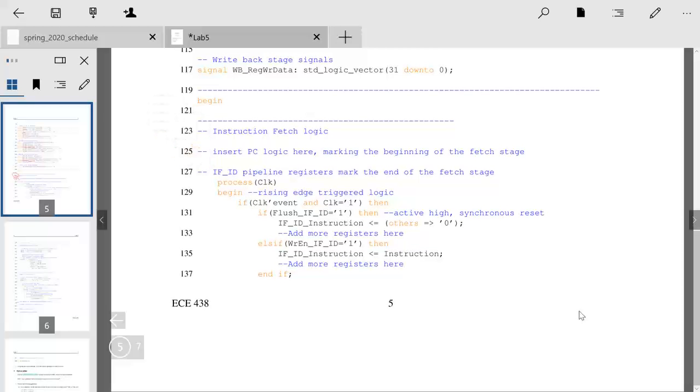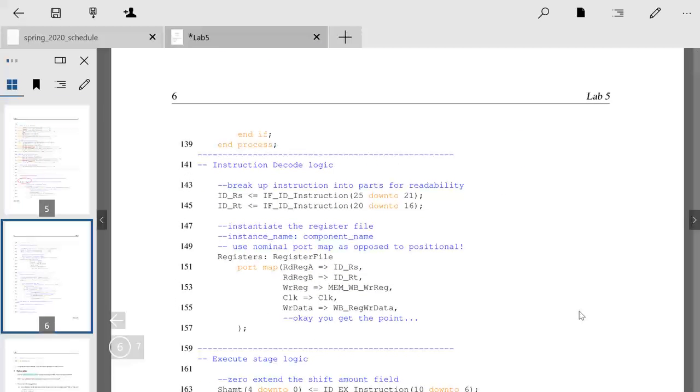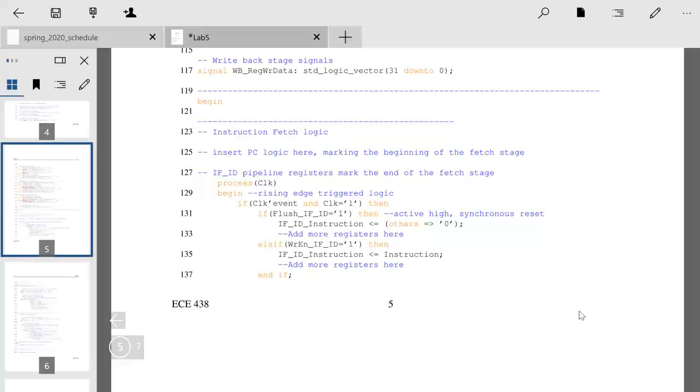Okay, so then I start the IFID pipeline register for you. Here I have a comment that says, hey, this is the IFID pipeline register. This marks the end of the fetch stage, and notice our decode logic starts at the end of this pipeline register. This pipeline register separates the fetch and decode stages.